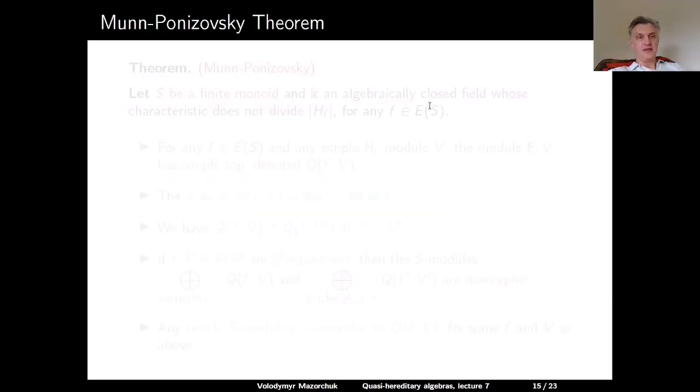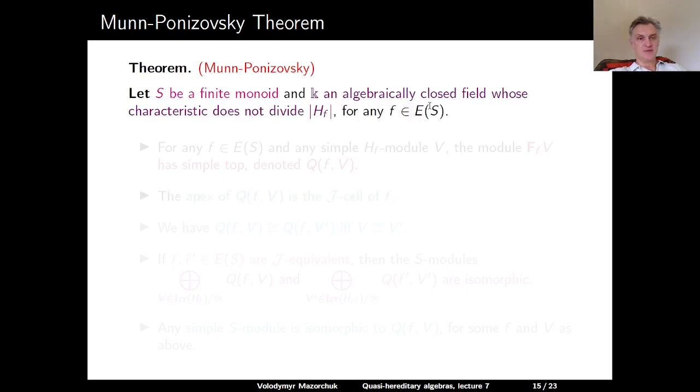Now we can formulate the theorem, which is due to Munn and Ponizovskii, which classifies simple modules over finite monoids.